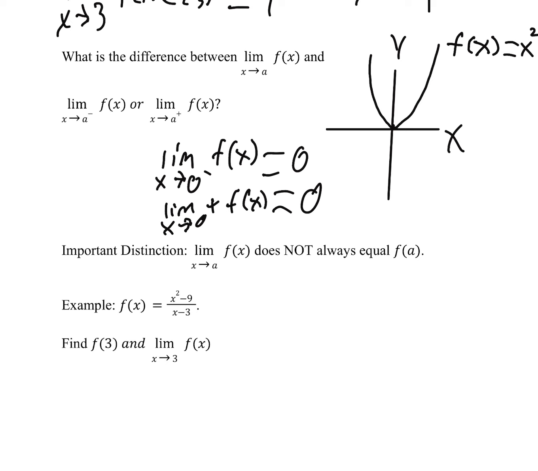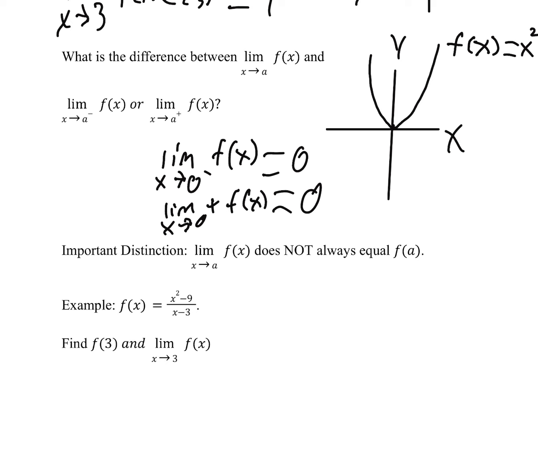And in pre-calculus, maybe there were some graphs you looked at when you were looking at what's called holes of graphs. I would hope you could find the holes of graphs.